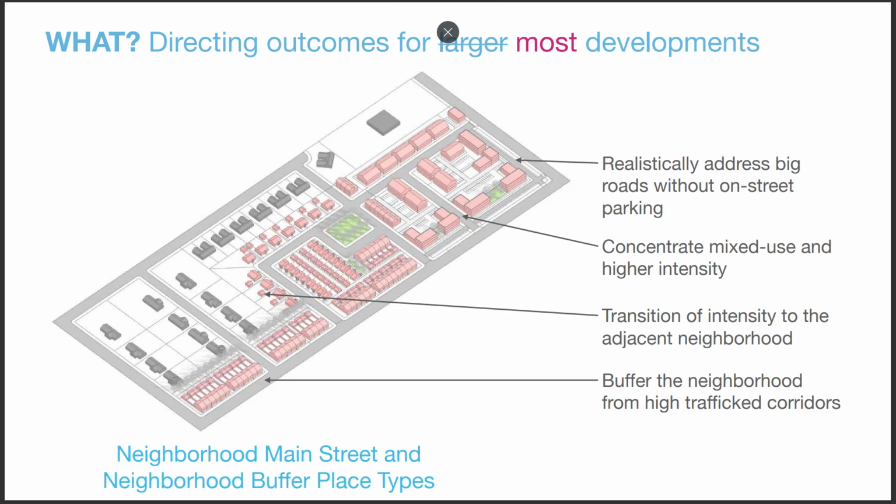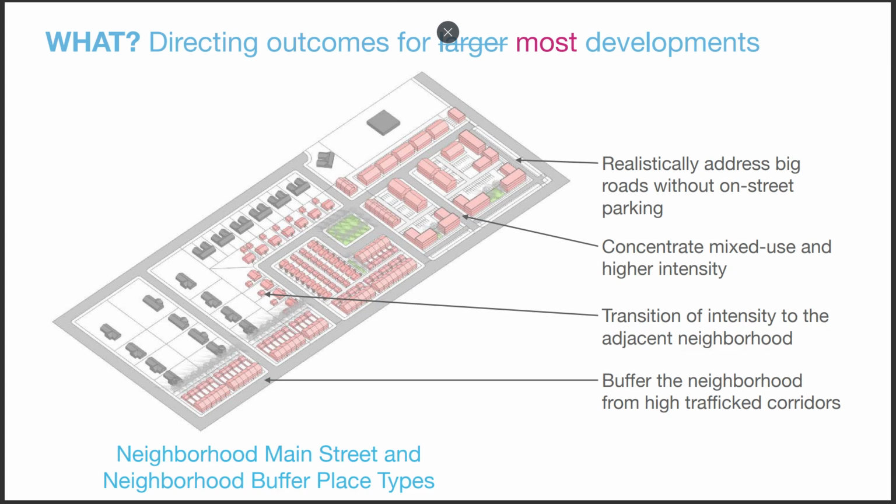And here's a site in between the two in terms of size. This one is within 2 different place types. In this case, it's on a state highway where on-street parking can't be added to slow traffic. So we're looking at those specifics. And so as a result, we look to buffer the neighborhoods from the corridor with townhomes perhaps, set the corner main street uses. They might have to be back from the road because we don't have on-street parking.